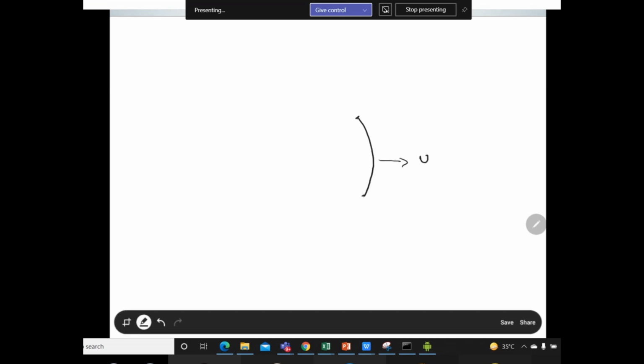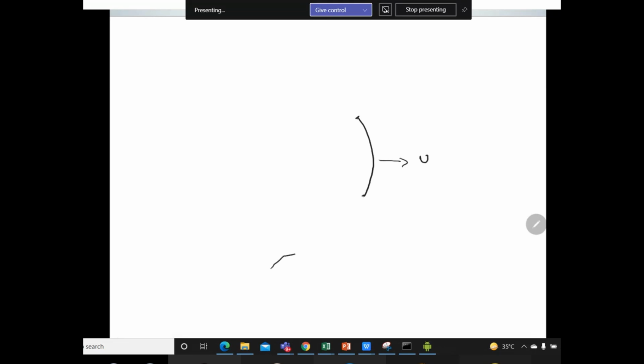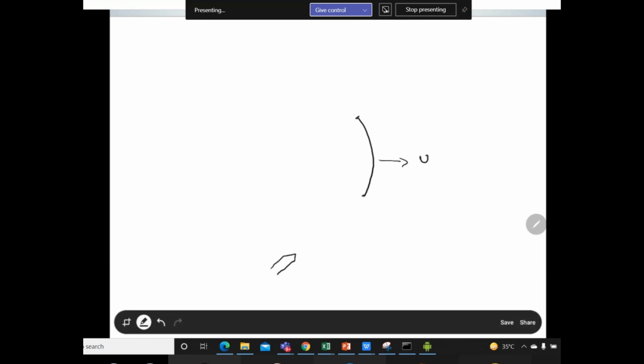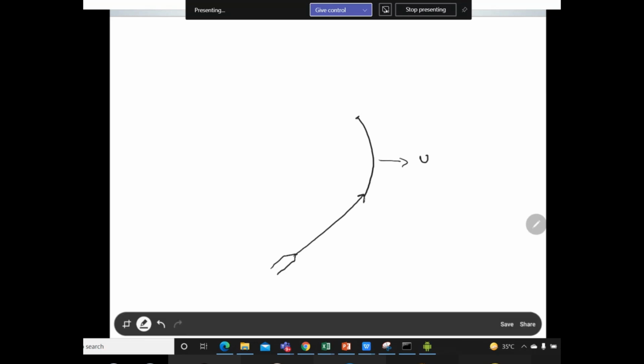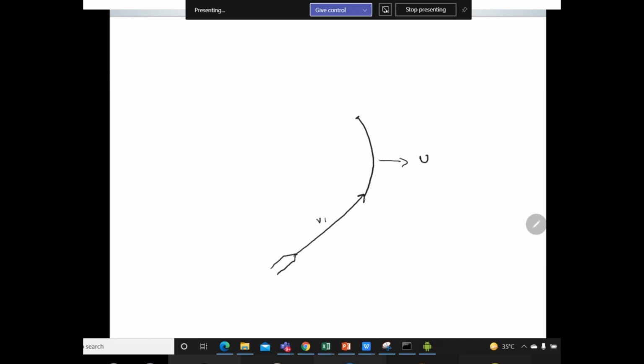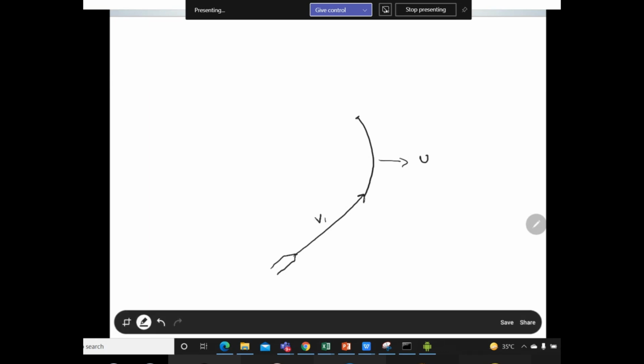For example, this is your nozzle, and there is some steam coming out of this nozzle. This steam is coming towards the inlet of your blade with some velocity v1, which is the absolute velocity at the inlet.